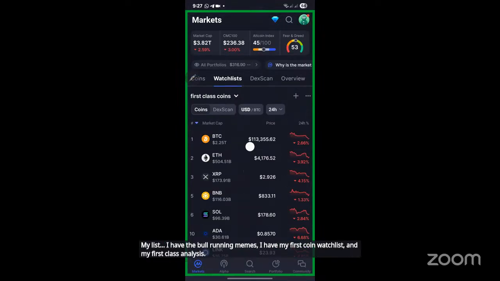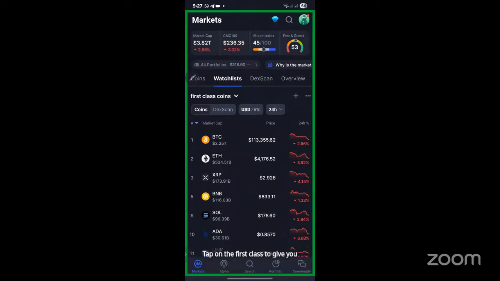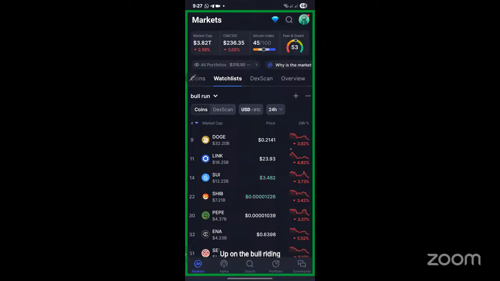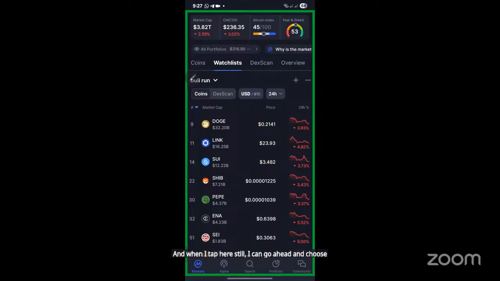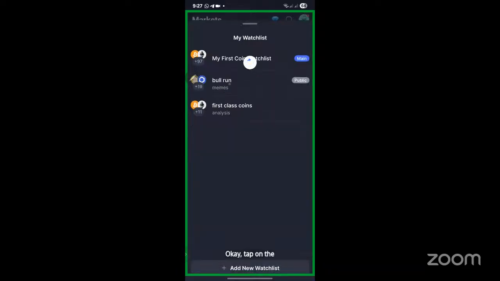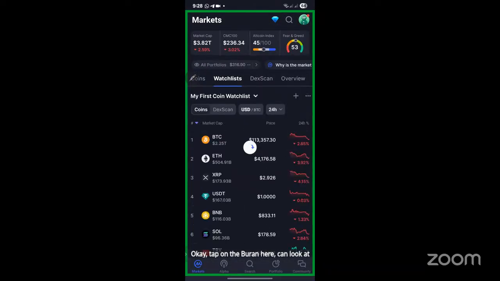Tap on the bull run memes, here they are. And when I tap here still, I can choose very many watch lists, as many as possible. Tap on the first coin watch list and they will be here.